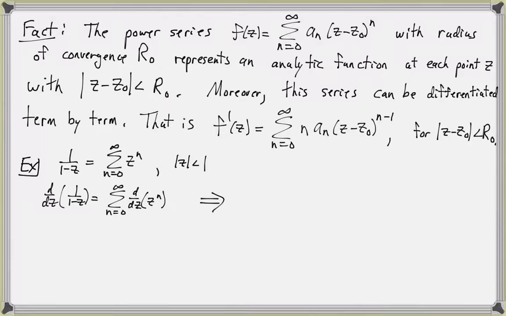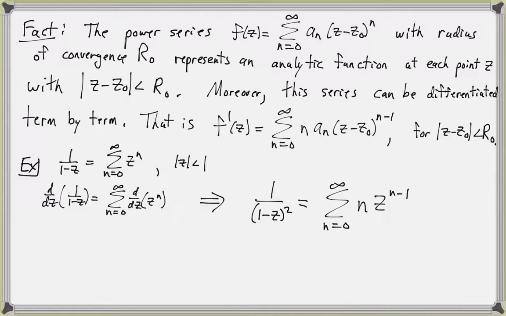So this tells us that the derivative of 1 over 1 minus z, which is 1 over 1 minus z squared, would equal the series n equals 0 to infinity, and the derivative of z to the n would be n times z to the n minus 1.